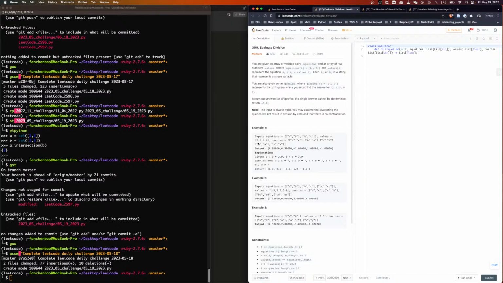So when B and C group together, C value needs to be, because B divided by C equals 3, so it's B divided by 3. So C becomes 1 over 3.